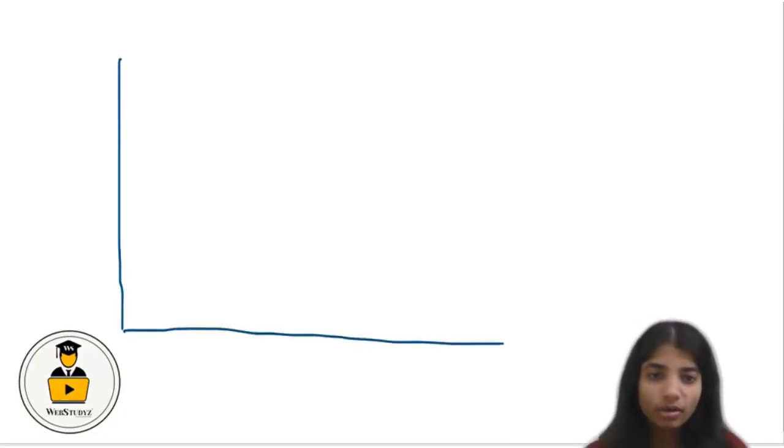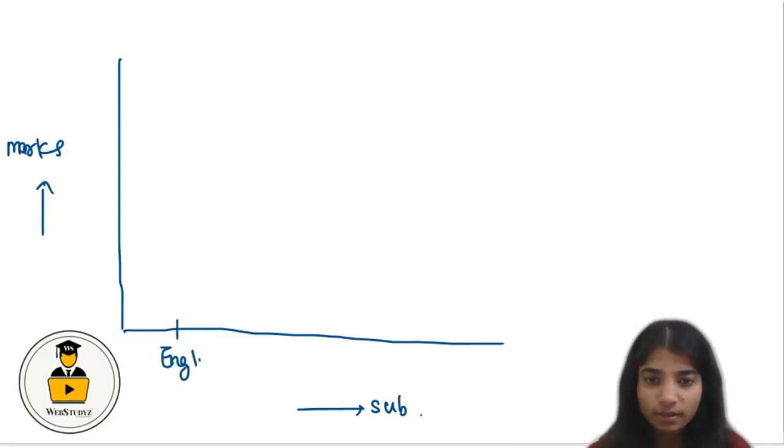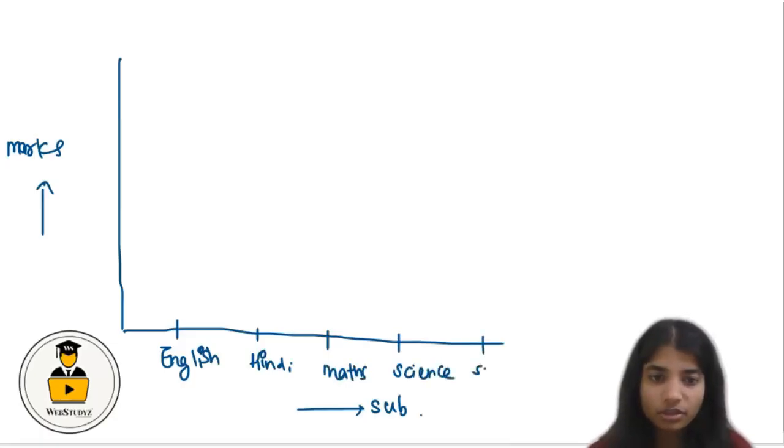So we are taking the scale from 0 to 100, and on the x-axis we are going to write the subjects, and on the y-axis we are going to write the marks. So for subjects, we have English, then Hindi, then Maths, then Science, and then Social Science, and the marks are from 0 to 100.